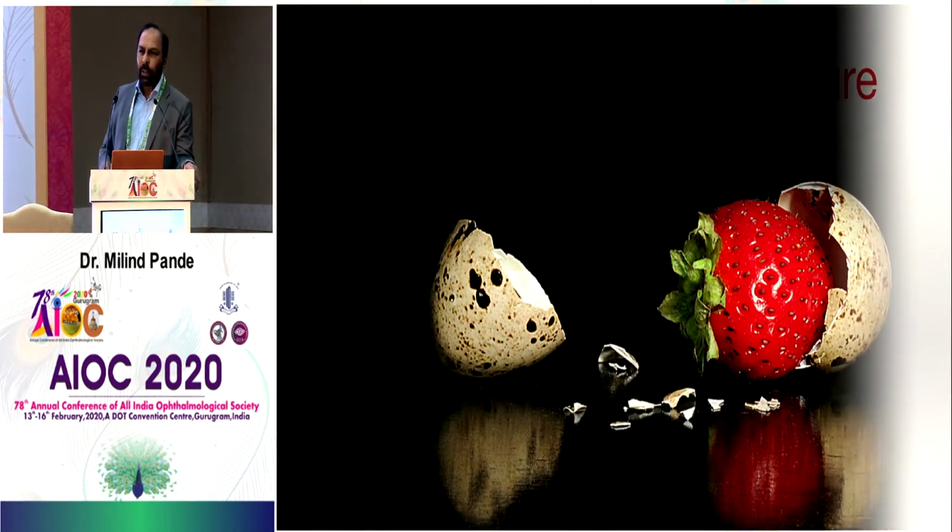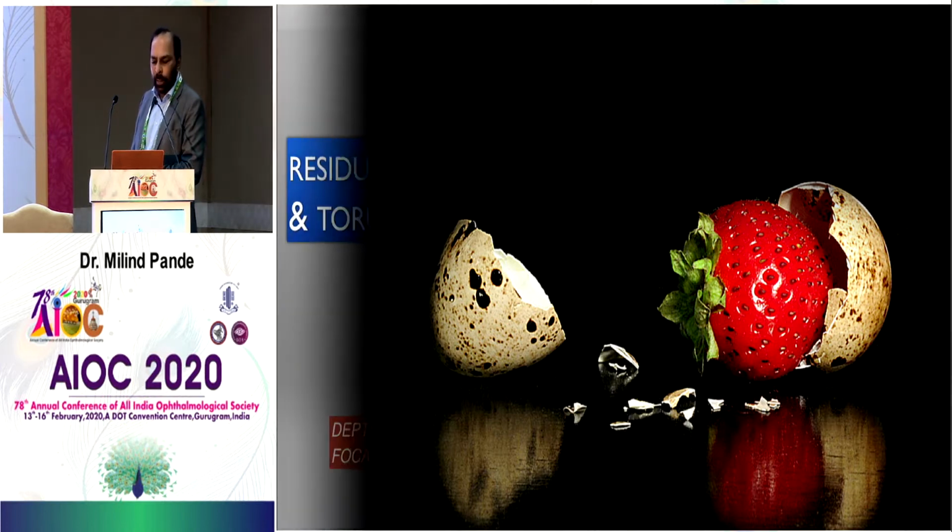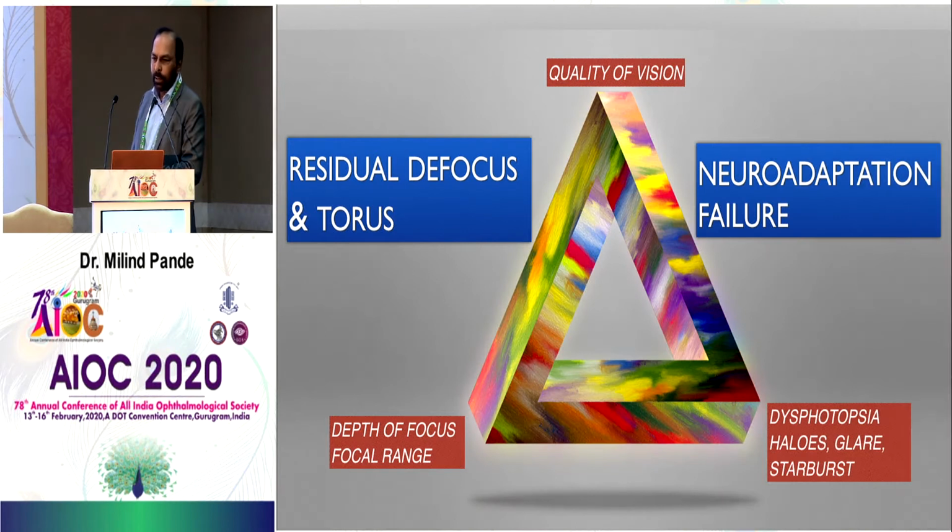And when do we get unhappy patients? We get unhappy patients when they're surprised, when they don't get what they're expecting. And it's all about, in presbyopia lens surgery, a matter of optimization. It's a matter of using lenses to get as wide a focal range as we can with the least quality of vision compromise.